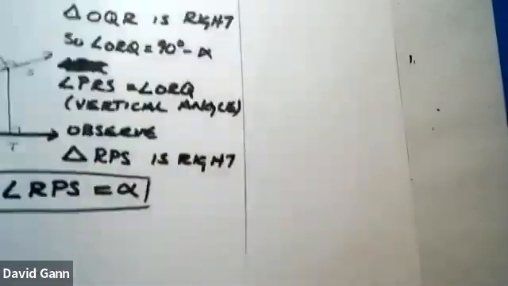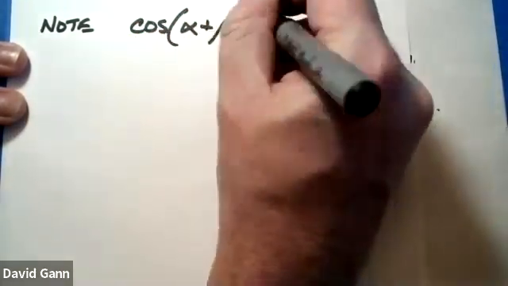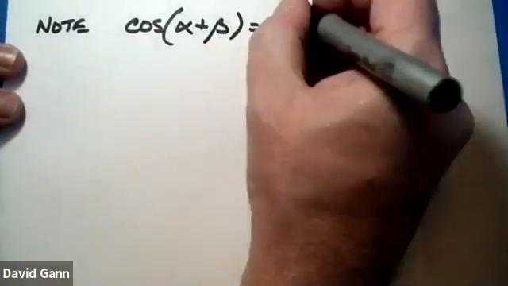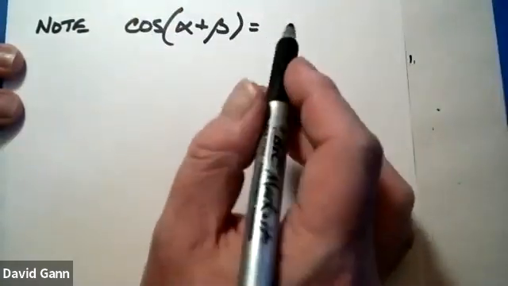So moving back to my other sheet here, I'm going to say, note, cosine of the sum, alpha plus beta, is equal to line segment, and I'm going to lose the line over the top of them. I think it's understood.